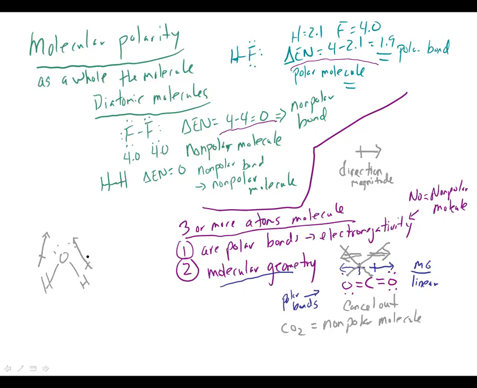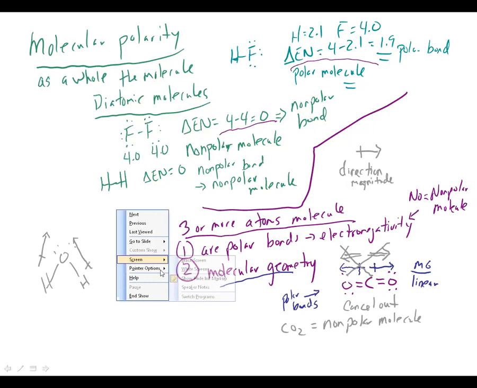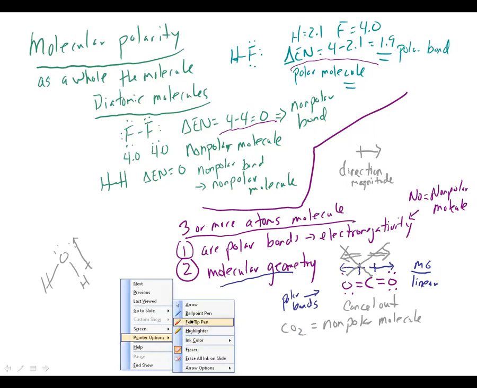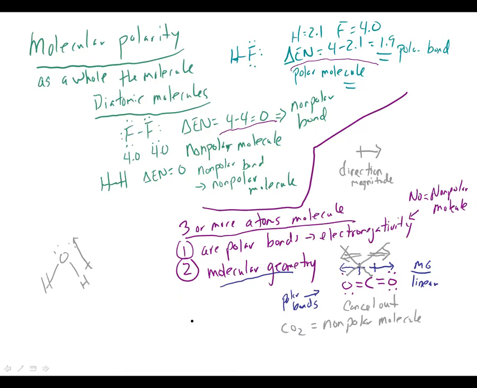Let me grab an eraser here and make that one a little bit better. Let's fix that there. Let's see if I do a better job here drawing it. There we go. So water here does have polar bonds.